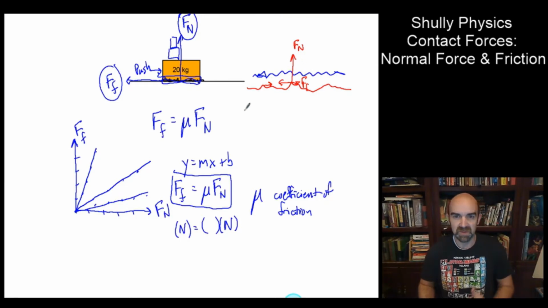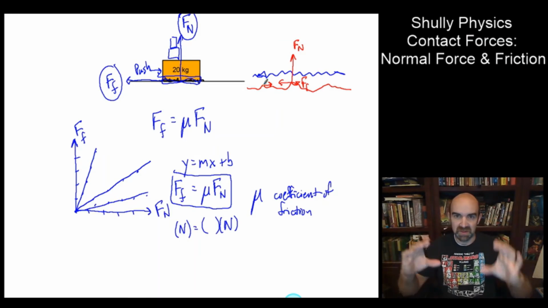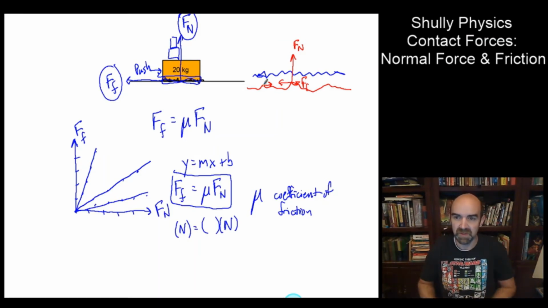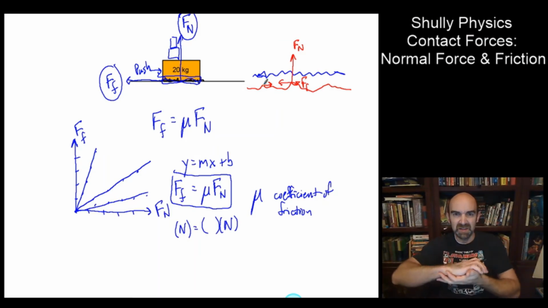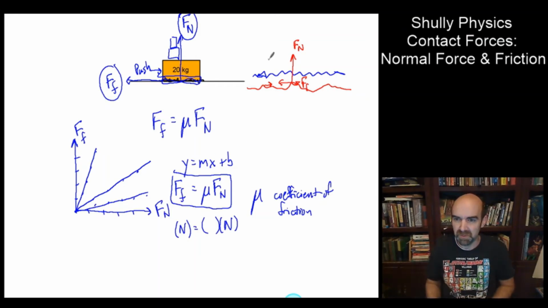Now, getting back to the two types of mu, the two types of coefficients of friction, they come from static and kinetic friction. When that block is settled, the blue on top is settled down into the red on the bottom. It's like you've got to lift those big old bumps up the little mountain here. That little surface is going to interact with this one. They're going to push on each other.